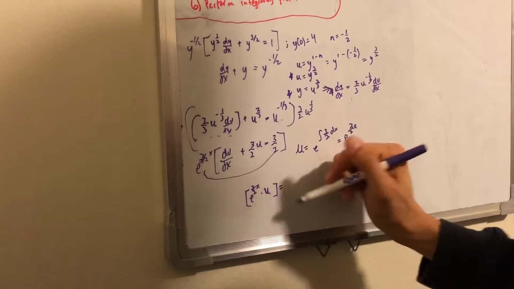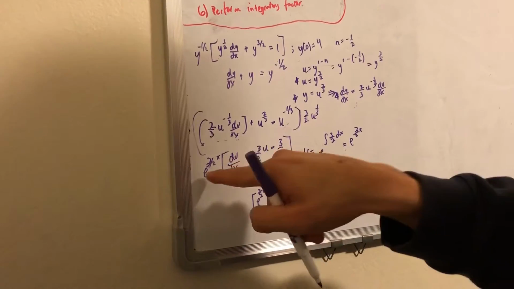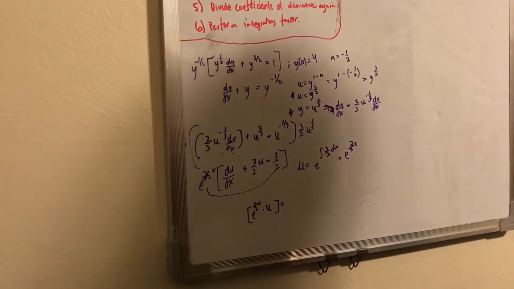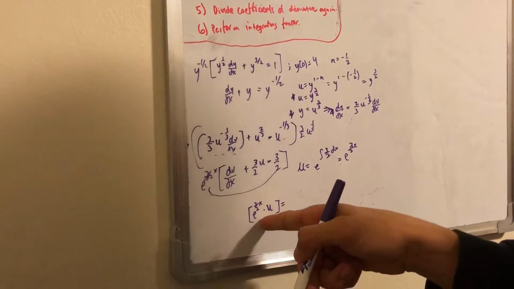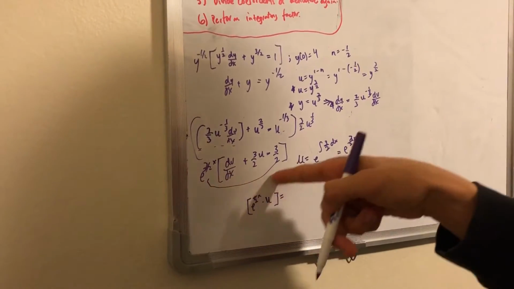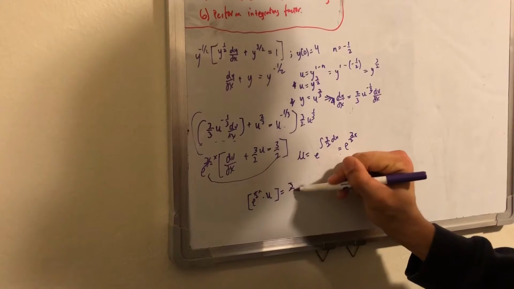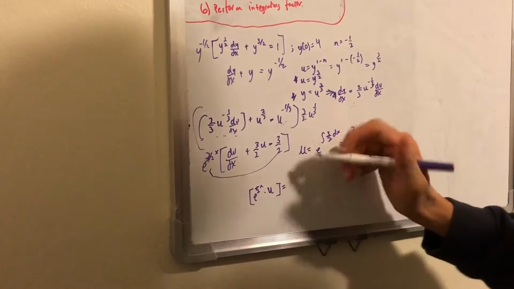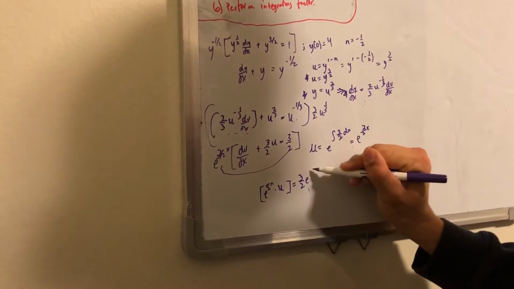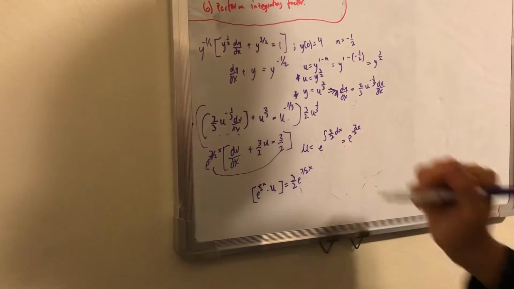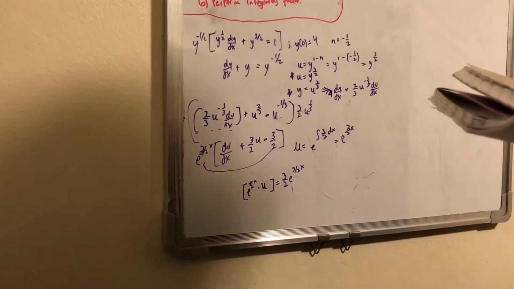This left-hand side, when I distribute it out, I'm going to write as the derivative of a product, using the product rule. When I distribute it out to the right-hand side, I'll just leave that as it was. Sorry, writing sideways here. e to the 3/2 x. Make sure I'm right. Okay.